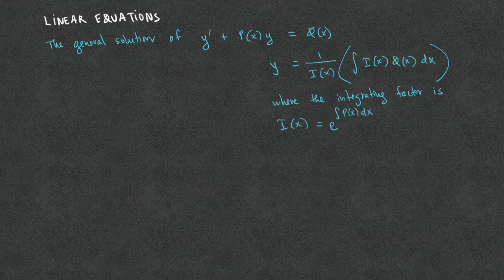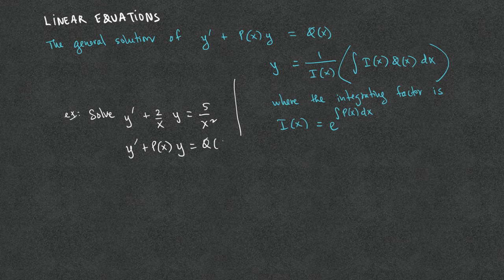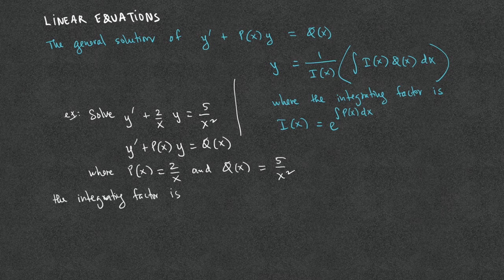For example, solve the linear equation y prime plus 2 over x times y equals 5 over x squared. This is of the form y prime plus p(x)y equals q(x), where p(x) is 2 over x and q(x) is 5 over x squared. The integrating factor is I(x) equals e to the integral of p(x), but p(x) is 2 over x, dx.